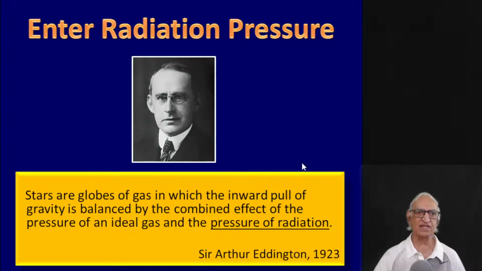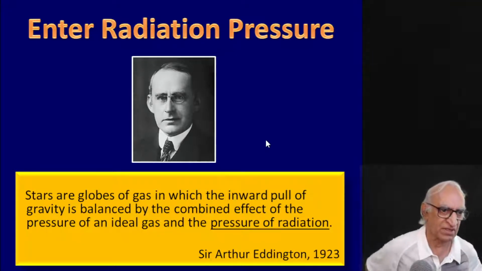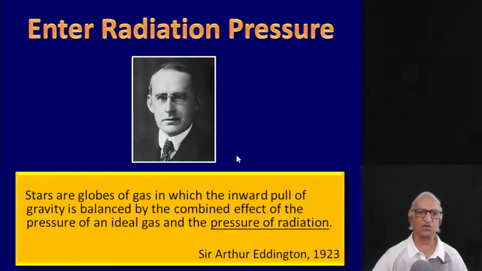Now in 1923, Sir Arthur Eddington in Cambridge University made an important addition to this theory. He stated that stars are globes of gas in which the inward pull of gravity is balanced by the combined effect of the pressure of an ideal gas and the pressure of radiation.